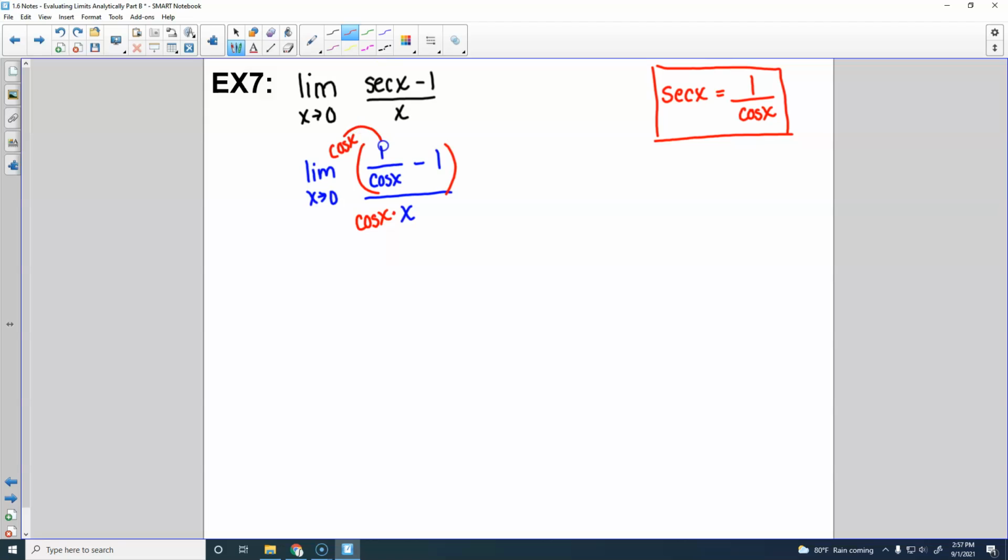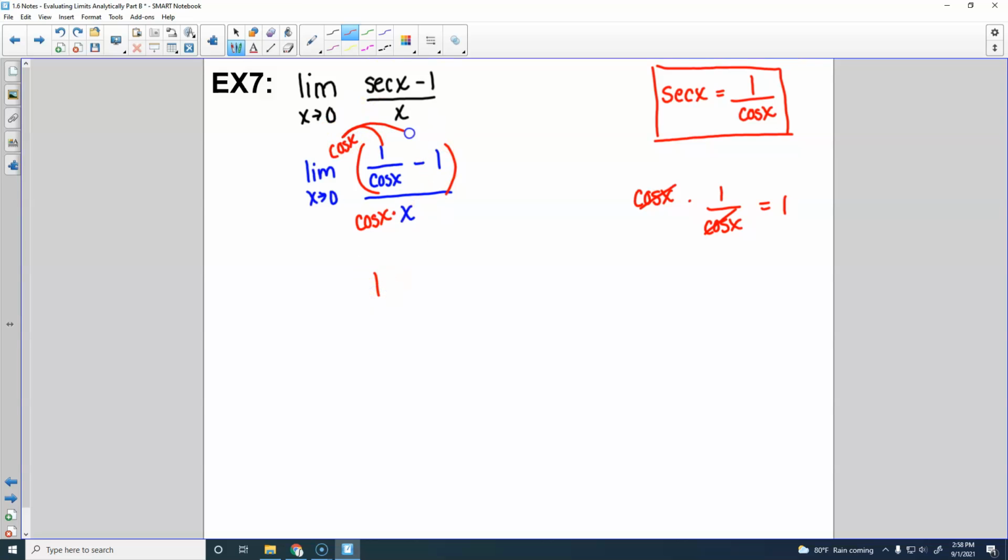So when I distribute, what is cosine x times 1 over cosine x? Right? Cosine x's would cancel. It would just be 1.